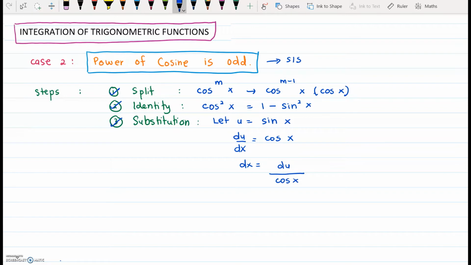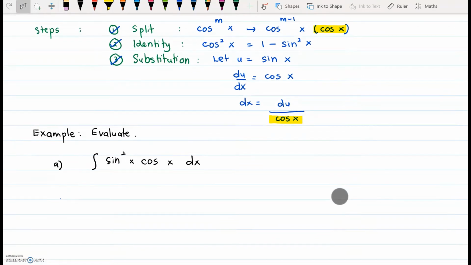If you notice here, you will get your dx as du over cos x, and it will be similar to the thing that you have split in the first step. Alright, let's continue with the first example.